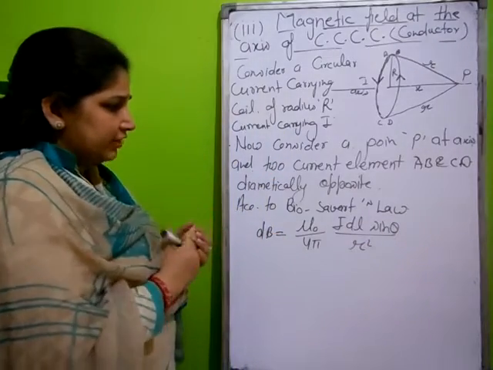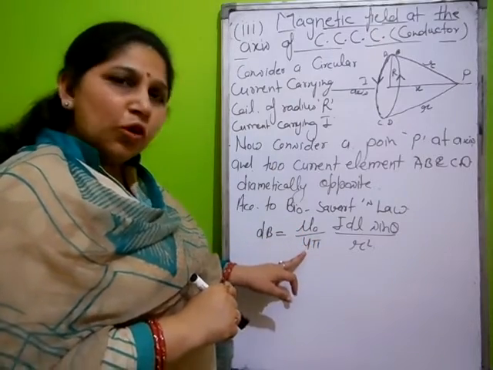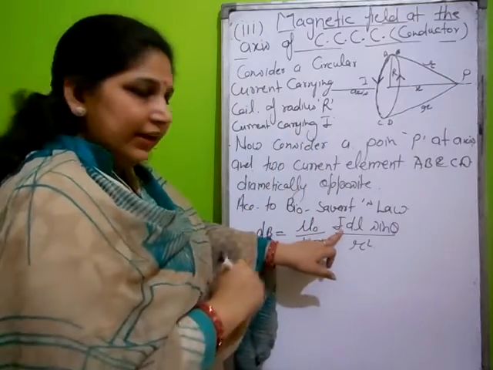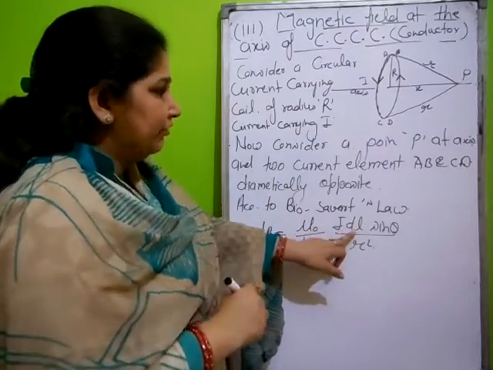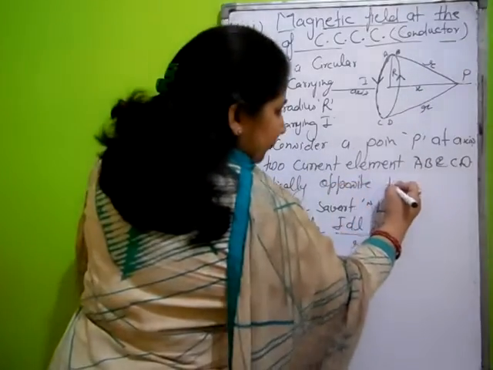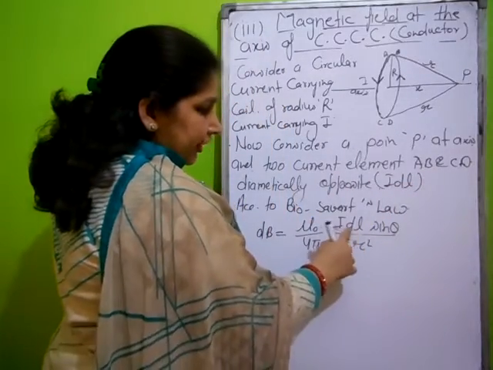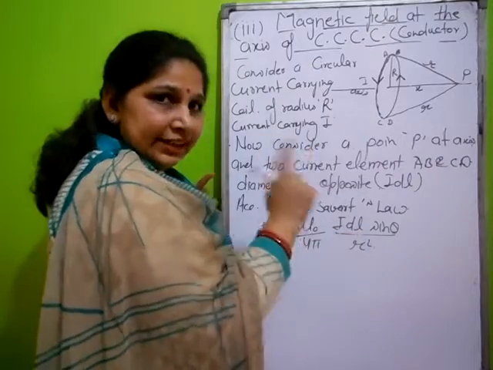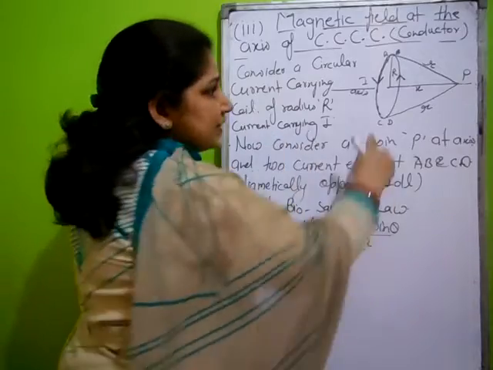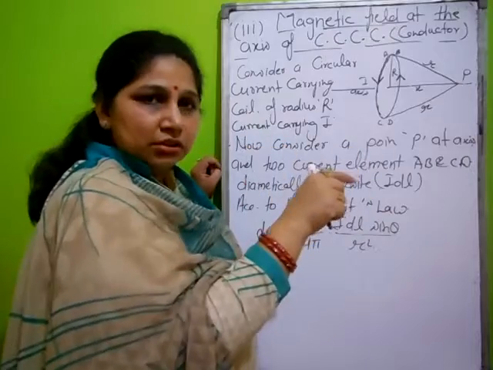Here, if we have considered it for AB, then mu naught upon 4 pi is constant and remains the same for CD also. I remains the same for CD also. We have considered both current elements ideal, meaning the same length, so dl is the same for AB and CD. Sin theta is constant for both current elements, and the distance r is the same as the point is on the axis of the coil.